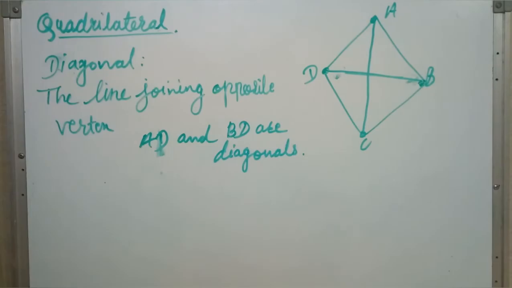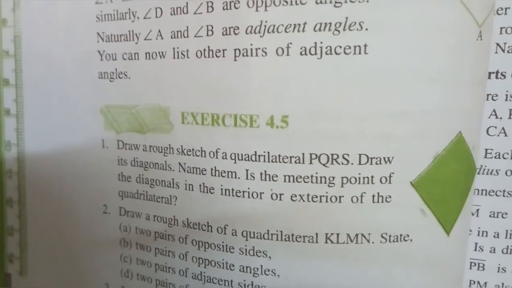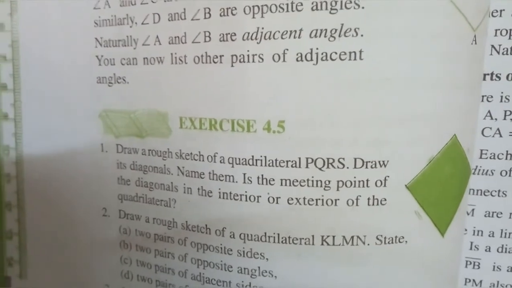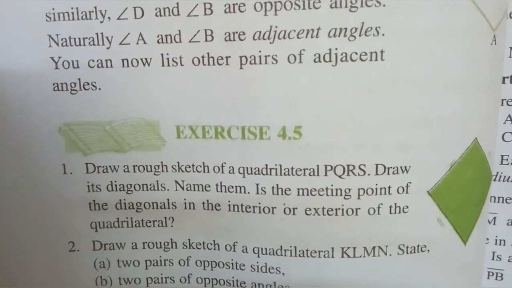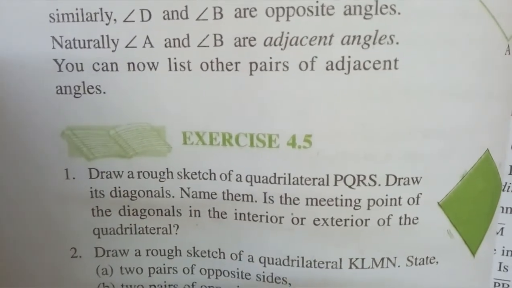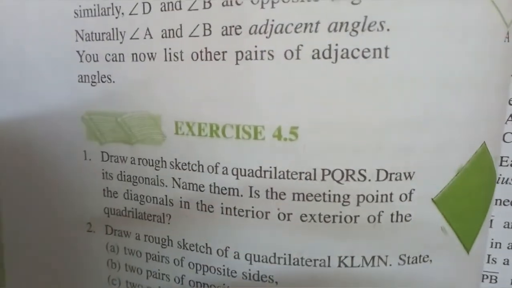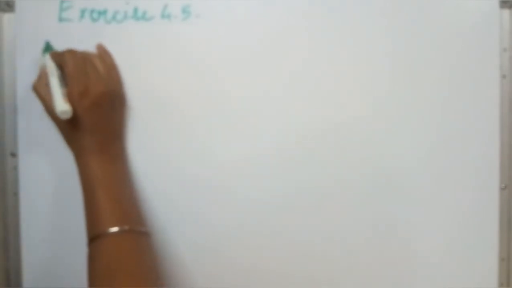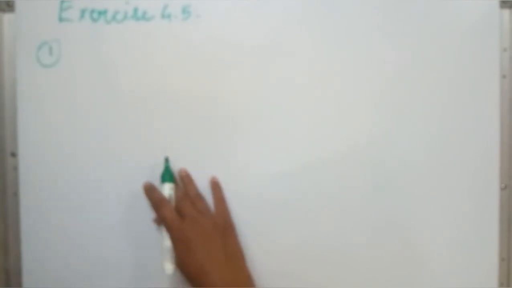Question number 1. Draw a rough sketch of quadrilateral PQRS. Draw its diagonals. Name them. Is the meeting point of the diagonals in the interior or exterior of the quadrilateral? We have to name that point. So first, we draw a rough sketch of quadrilateral PQRS.